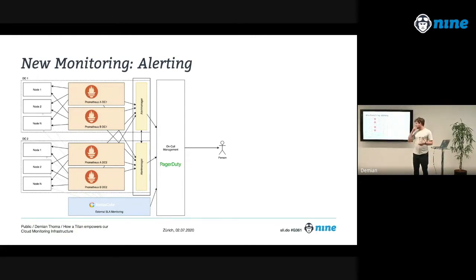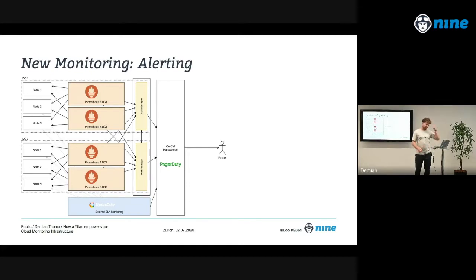Because we have two separate instances of Prometheus, they're not clustered at all, and because they're monitoring each other as well, if something breaks, we probably have at least two alerts from the same thing. That's why Alert Manager is clustered. And yeah, it will reduce the amount of alerts to the ones needed, and eventually forward it to the on-call management, in this case PagerDuty.